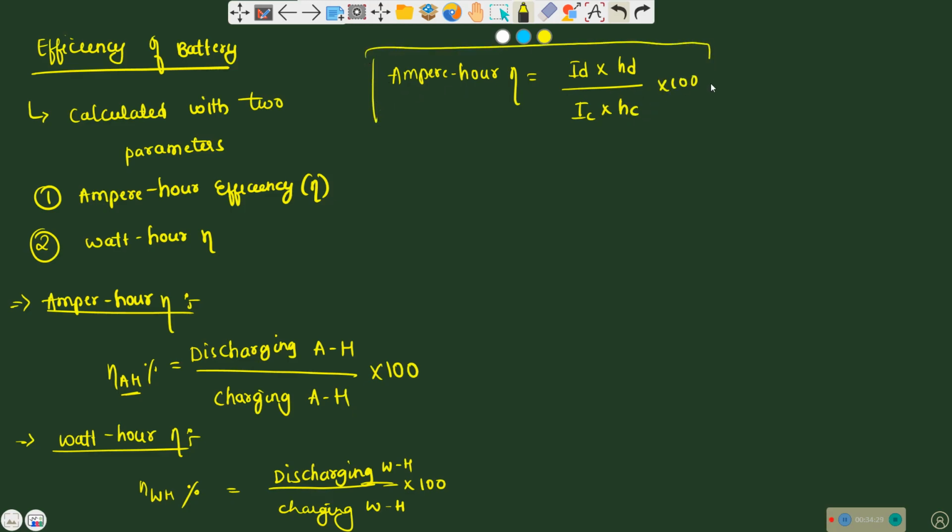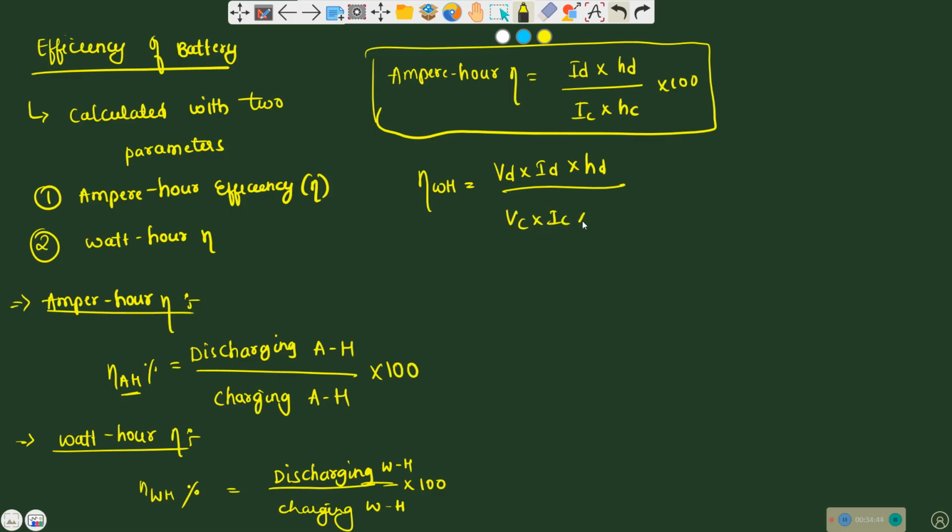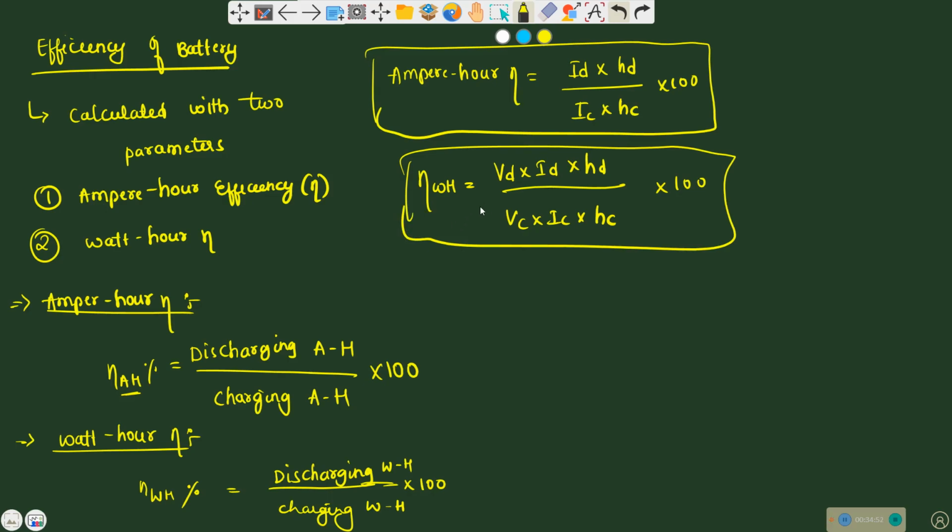Okay, this is the formula. So if I talk about watt hour efficiency, it is VD into ID into HD divided by VC into IC into HC into 100. This is for watt hour.